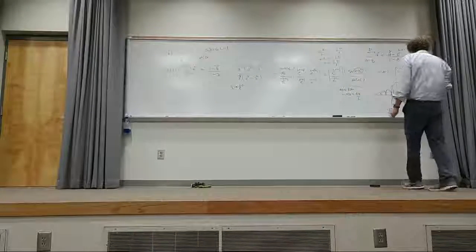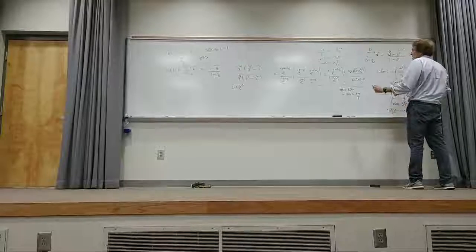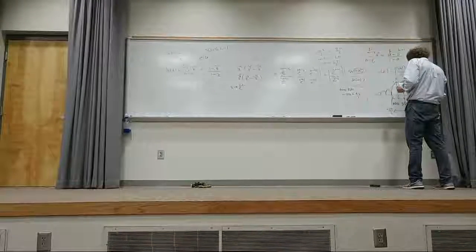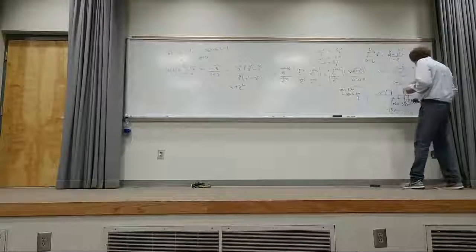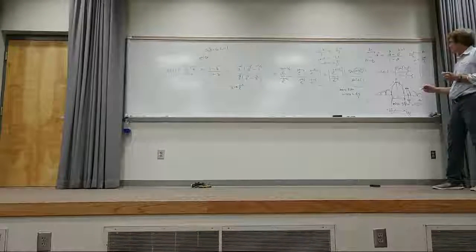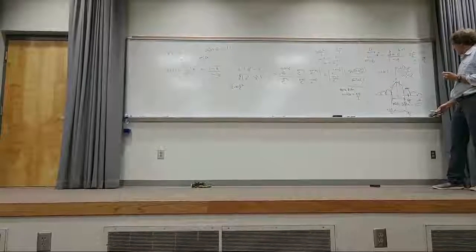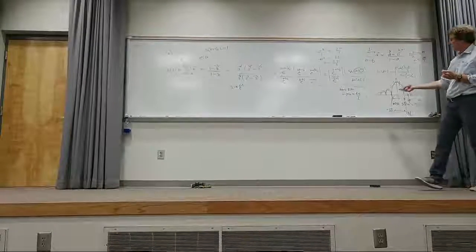So right here, this point is going to be 3 pi over L. Are you with me? Now what's the value of this function right here, when omega is 3 pi over L?